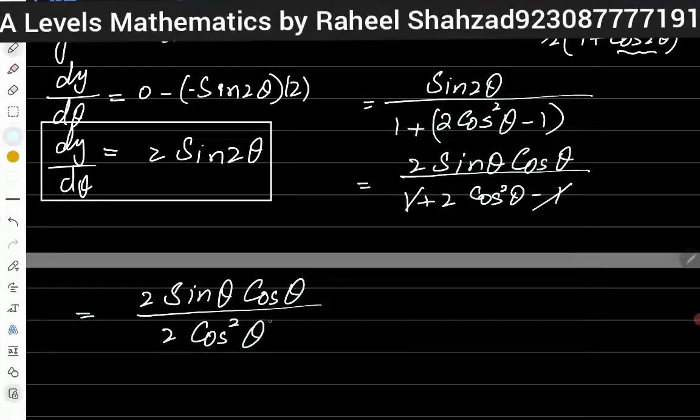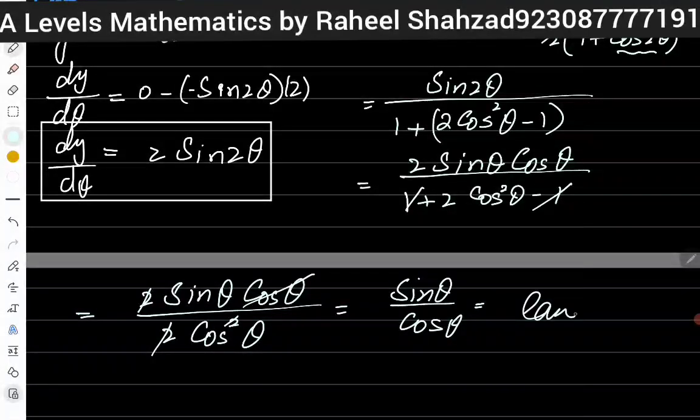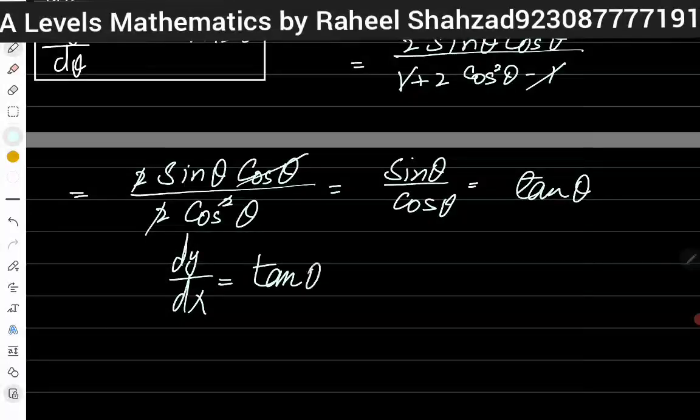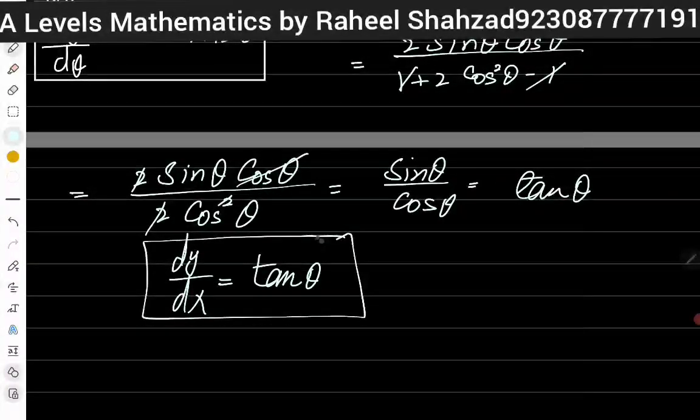The 2 cancels out, and one cos theta. So we are left with sin theta divided by cos theta, that makes tan theta. So our dy by dx is equal to tan theta. This is, I guess, what we had to prove.